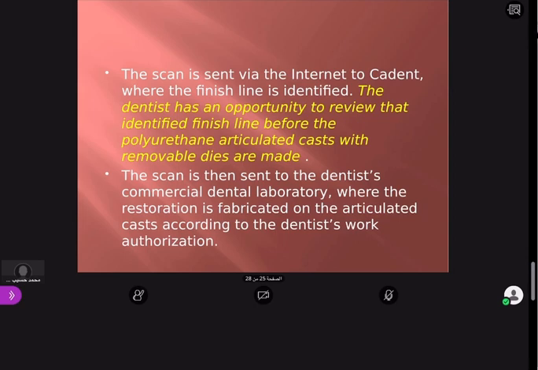So the scan is sent via internet to Cadent, where the finish line is identified. The dentist has an opportunity to review that identified finish line before the polyurethane articulated cast with removable dies is made. Then the scan is sent to the dentist's commercial dental laboratory, where the restoration is fabricated on the articulated cast according to the dentist's work authorization.